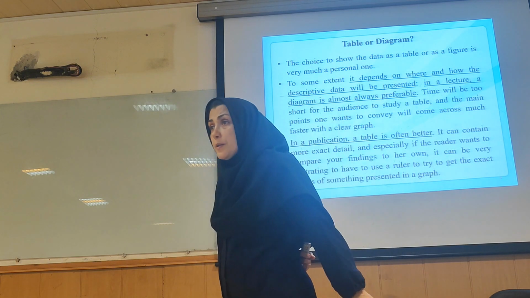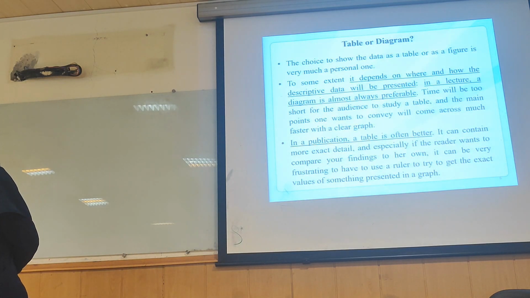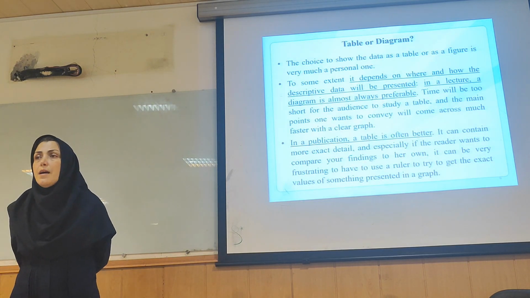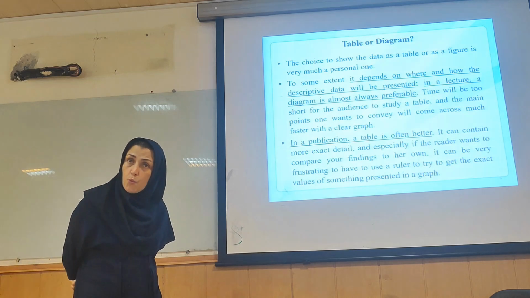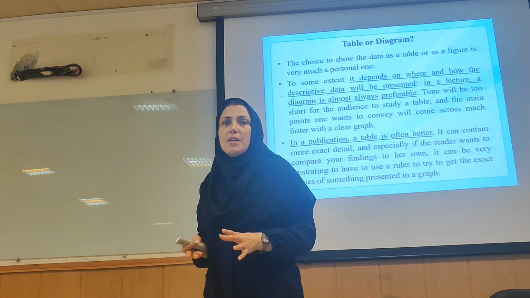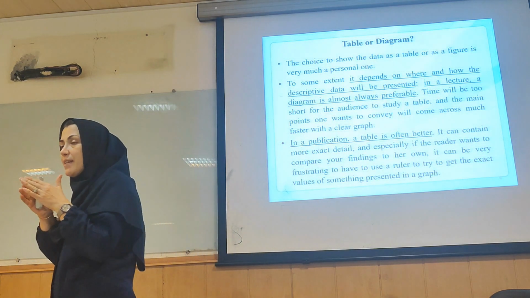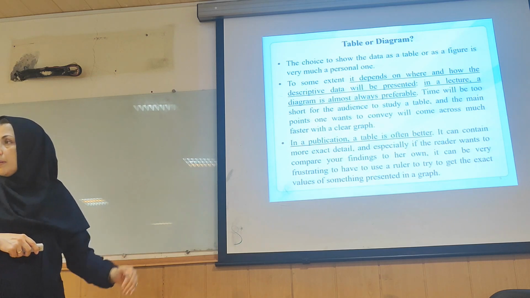And also, if it's easy to understand, it saves time. Diagram is easily understandable. Yes? But a table is more accurate because when you have a lot of information, you cannot show it in a diagram, but you can write it in detail in the tables.